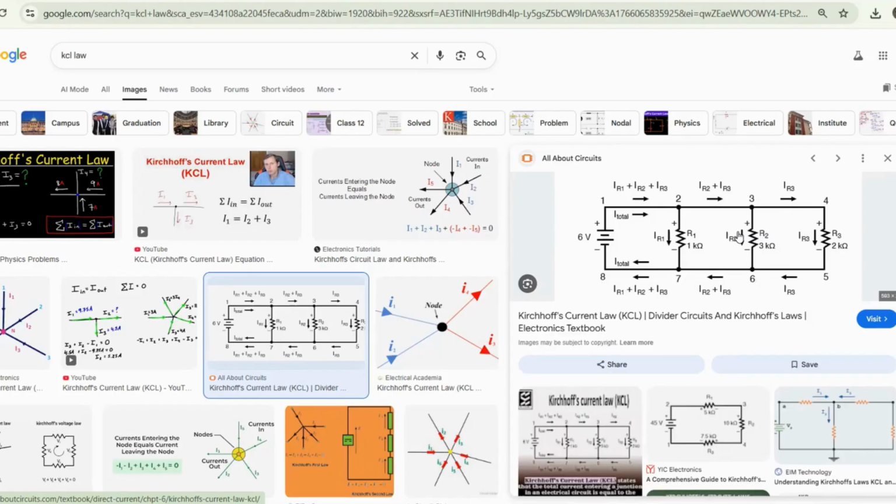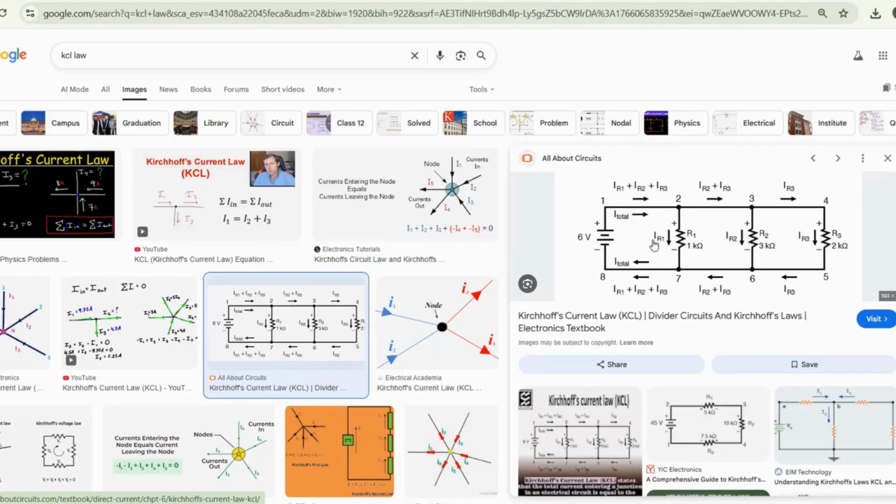Here we can find the current flowing in the first loop, that is called I1. The current flowing through the second loop is called I2. The current flowing through the third loop is called I3. I1, I2, I3. To find these 3 loop currents, we need to apply what? KVL. To find the loop currents, we need to apply KVL.